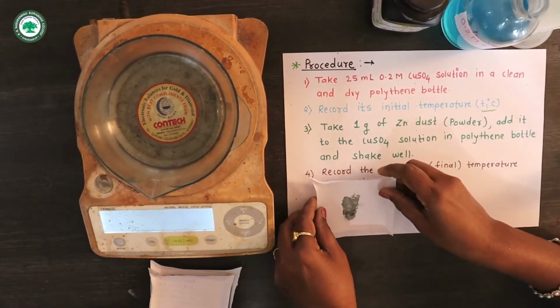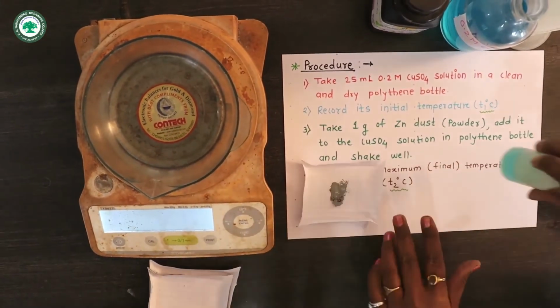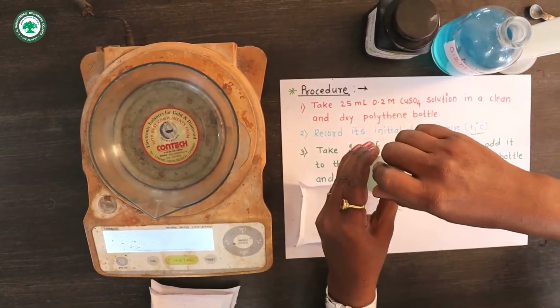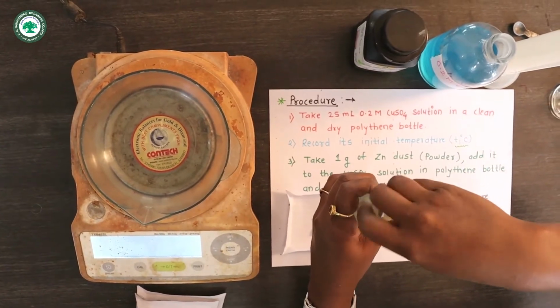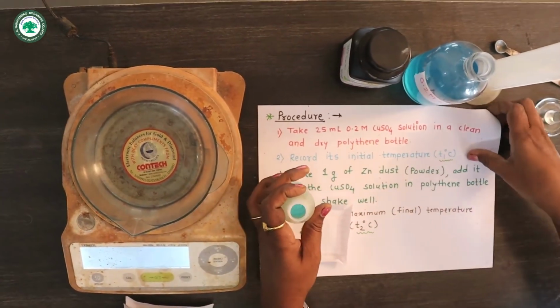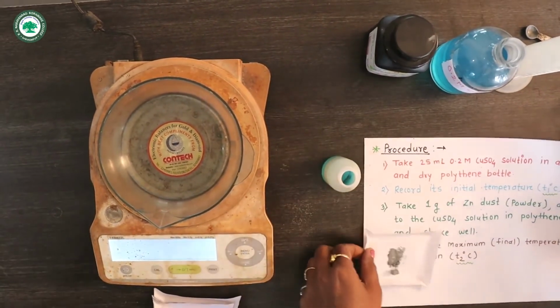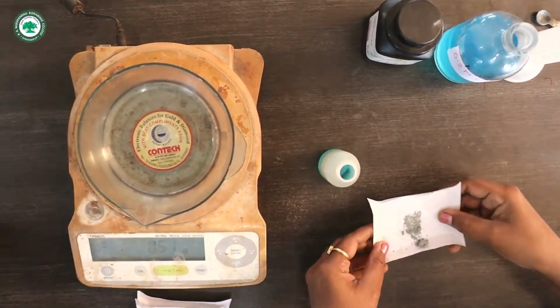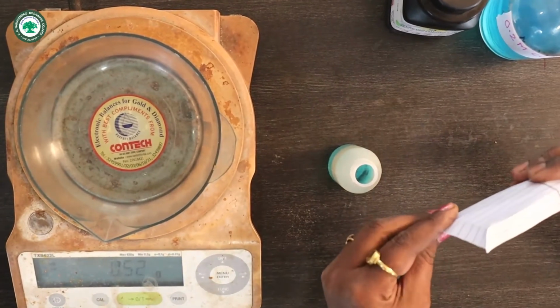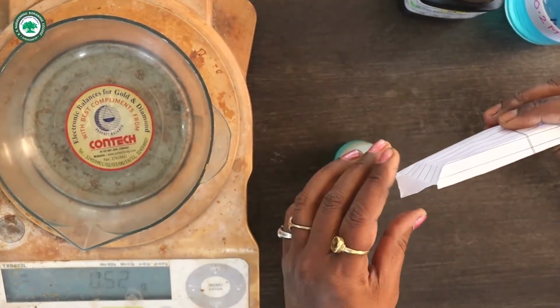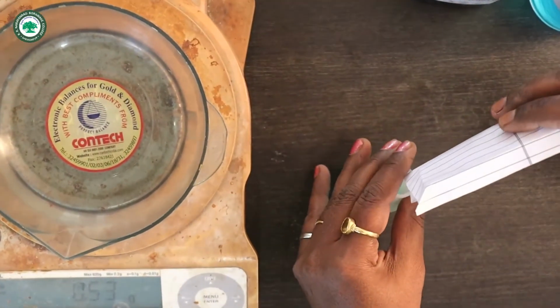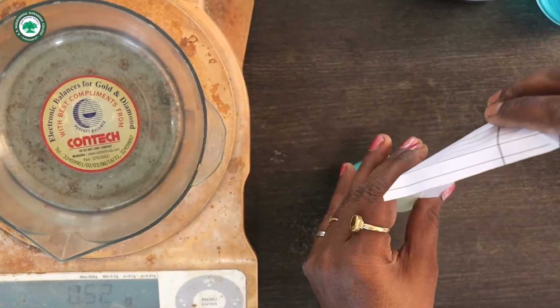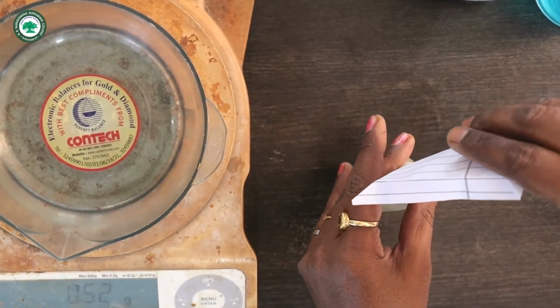We have to add this zinc dust powder in the polythene bottle. Add carefully. How I am adding?